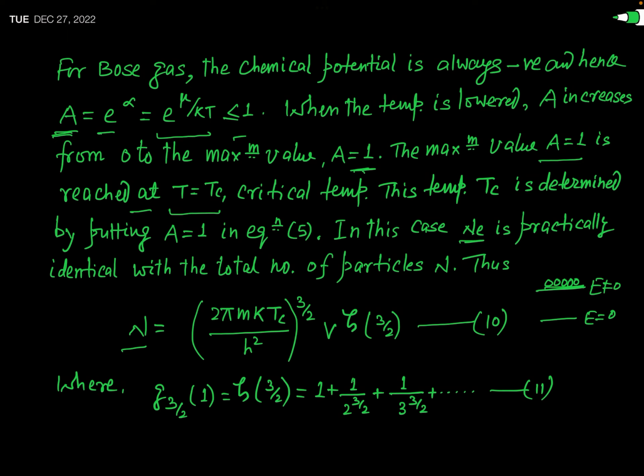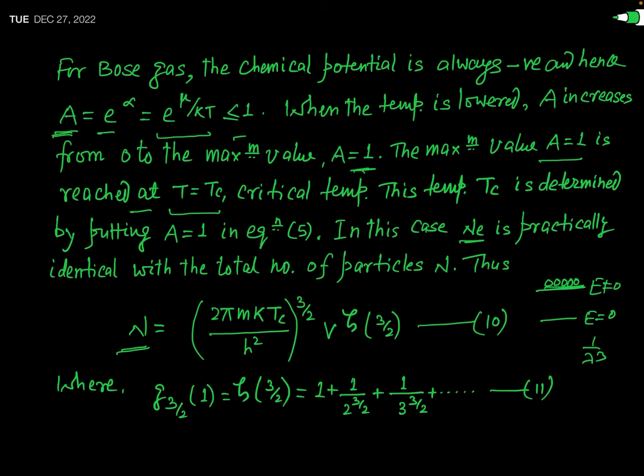This is equal to 0. So instead of Ne in equation 5, we will write simply N, and here the value of lambda has been substituted. You have seen that in that expression there was 1 by lambda cube, and lambda has been defined already.